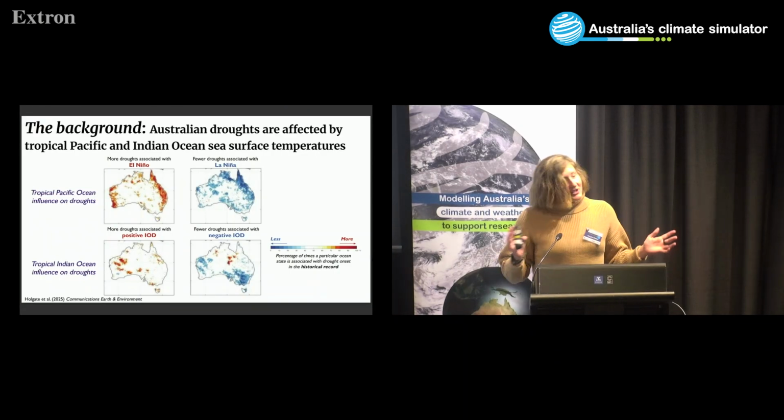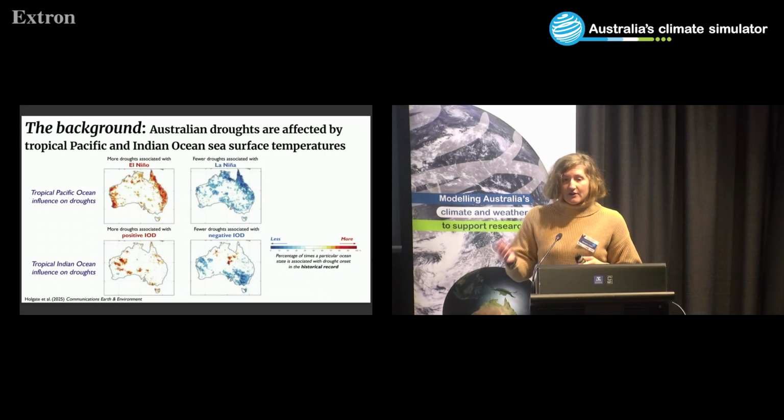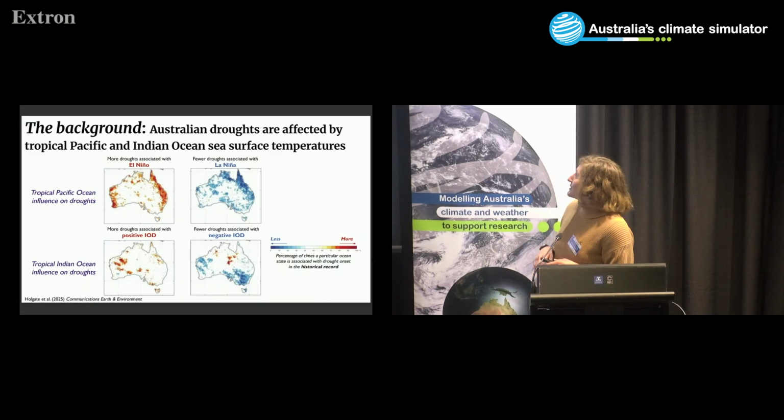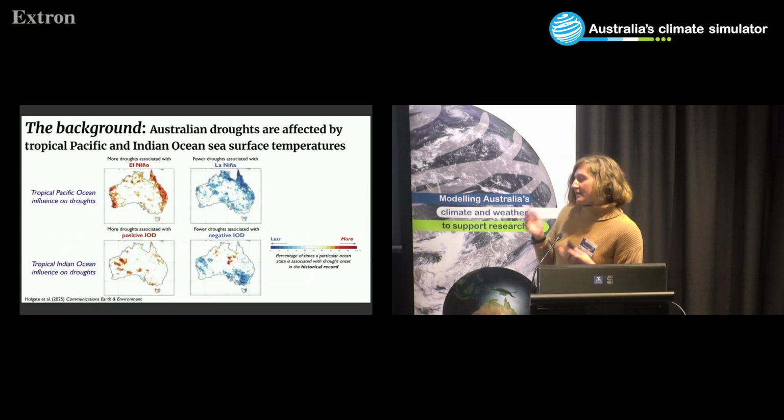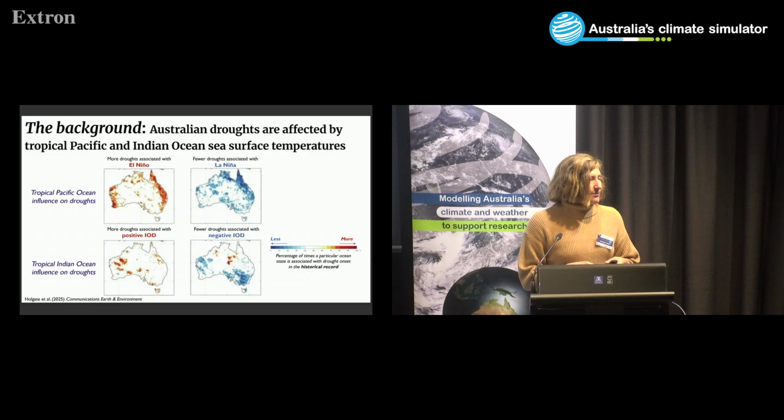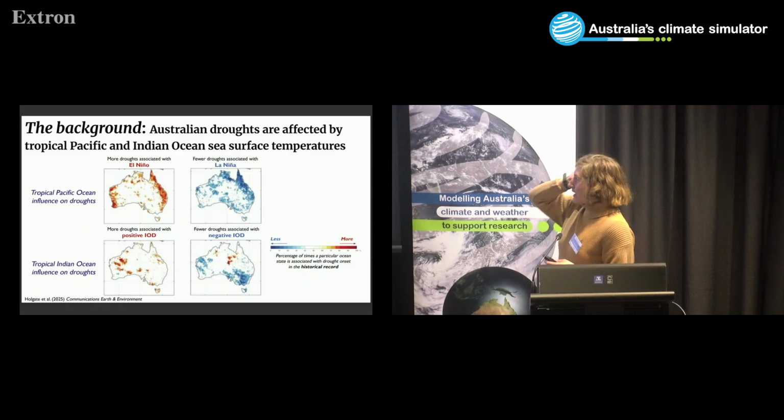All right, so this talk deals with droughts, specifically multi-year droughts, and how they're affected by Indo-Pacific sea surface temperatures. To set the scene, I'm showing this graphic that shows the percentage of times a particular phase of ENSO, or the Indian Ocean Dipole, is associated with drought onset across Australia.